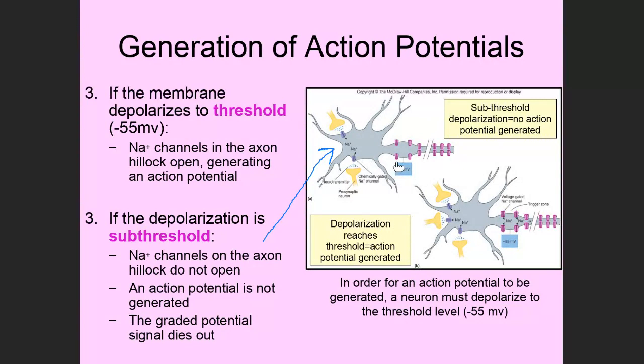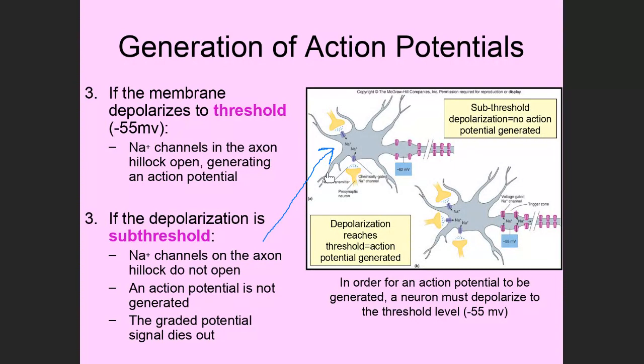We have to hit a threshold depolarization of negative 55 millivolts. Otherwise, our graded potential will just die out, which means eventually these sodium channels close, sodium stops coming in, we stop depolarizing the cell, and the sodium-potassium pumps take us right back to our resting membrane potential without an action potential ever having been generated.